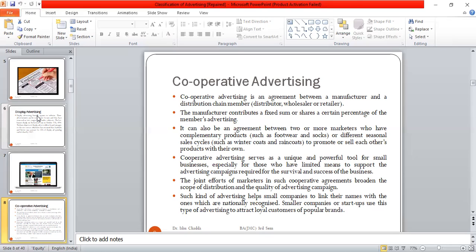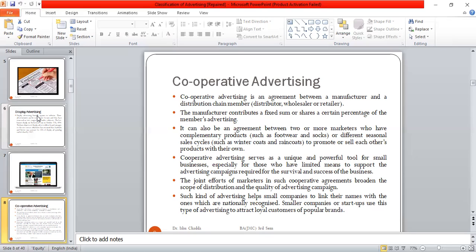The joint efforts of marketers in such cooperative agreements broaden the scope of distribution and the quality of the advertising campaign. When two or more persons are involved in the ad, obviously it will widen the scope of distribution.